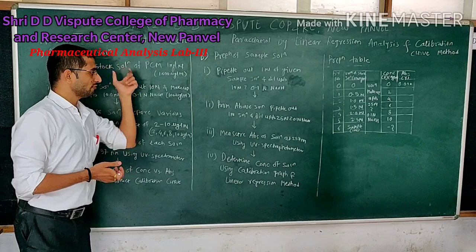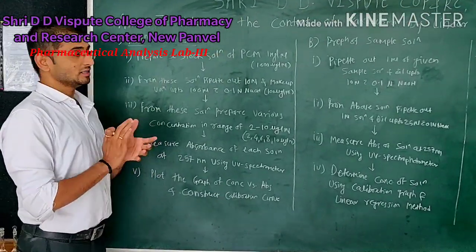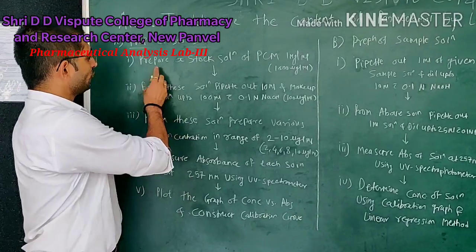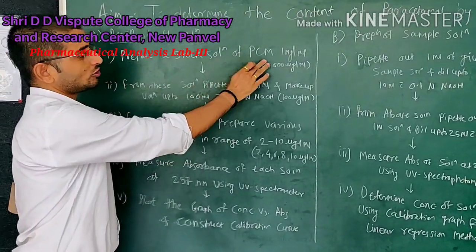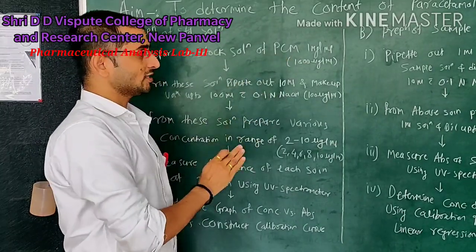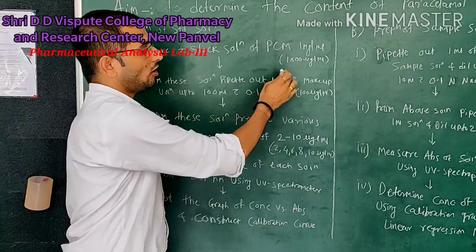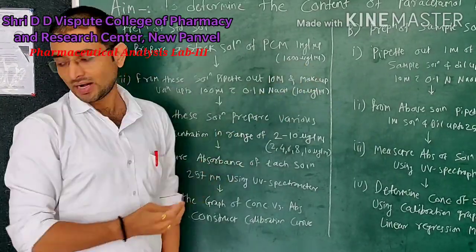First we prepare the standard stock solution of paracetamol, having the concentration 1 mg per ml or 1000 microgram per ml.